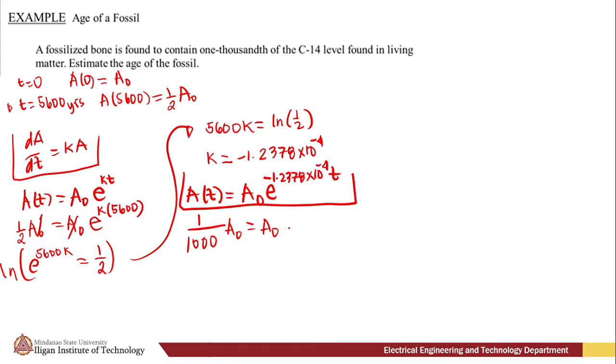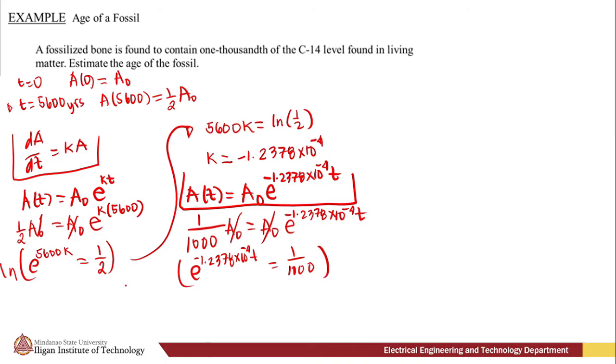So we have A sub naught e raised to negative 1.2378 times 10 to the negative 4 t. Cancel A sub naught. So, solving for t, we have e raised to negative 1.2378 times 10 to the negative 4 t equals 1 over 1,000.